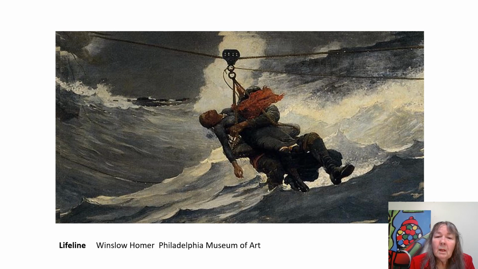So this is one of the functions of art, drama sometimes, and storytelling. So this is an interesting painting, but it gives a good example of what happens when you juxtapose, when you use a warm color such as red, to draw our eyes to the central figure and the story that's going on.